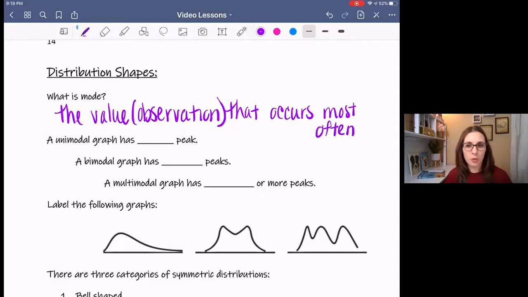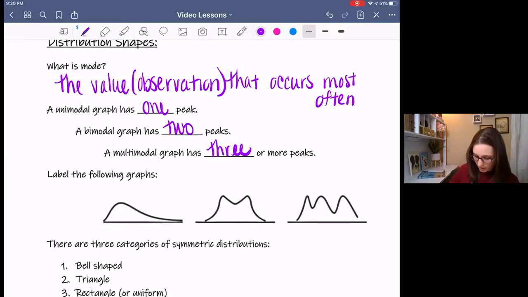Sometimes there might be multiple modes or no modes or one mode, and that plays into the next thing. A unimodal graph has one peak. A bimodal graph has, guess it, bimodal means two, and multimodal has three or more.